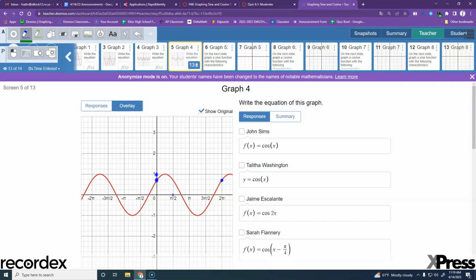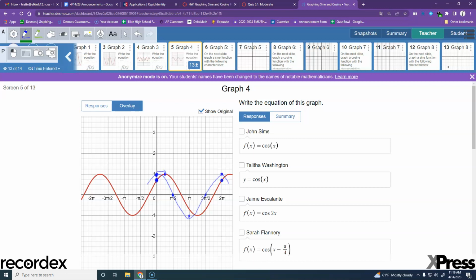Then we would hit the midline, minimum, midline, maximum here. So this is what cosine looks like. So we need to shift this over just a little bit, right?